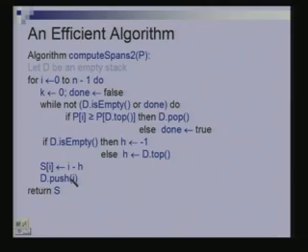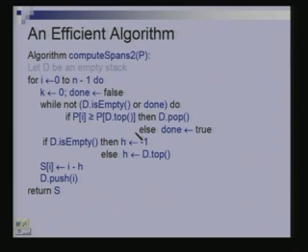How many elements do we ever push on the stack? One. No. In all, how many elements do we push on the stack? Each element is pushed once. So, in all, we are pushing at most n elements on the stack, if there are n elements to begin with. Every time this loop is executed, we pop off one element from the stack.